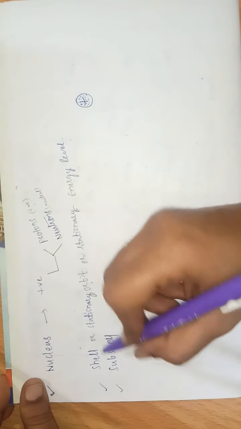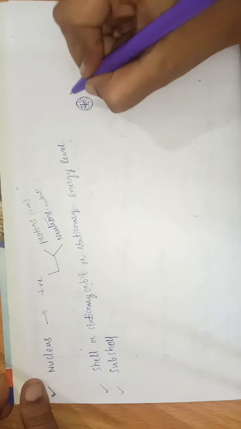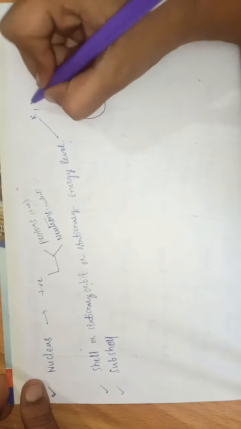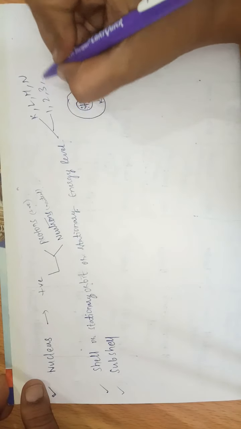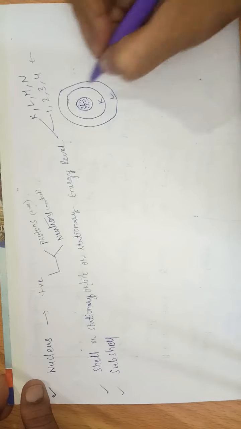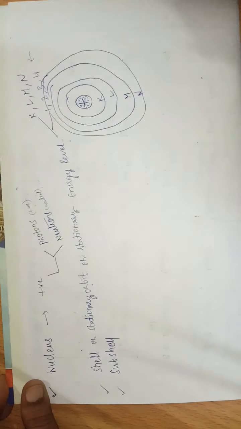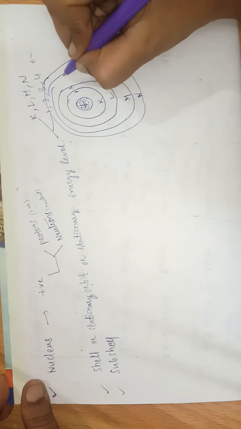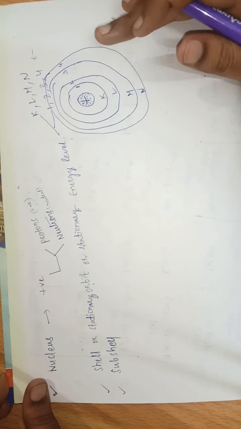The shells are K, L, M, N, or 1, 2, 3, 4 energy levels, or first, second, third, fourth orbital.